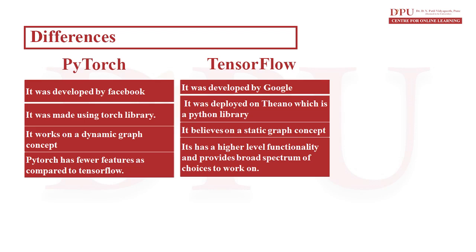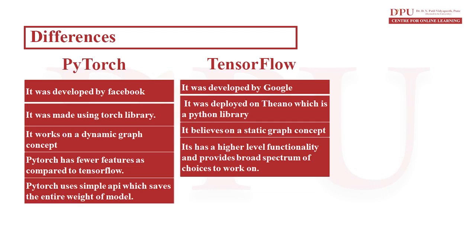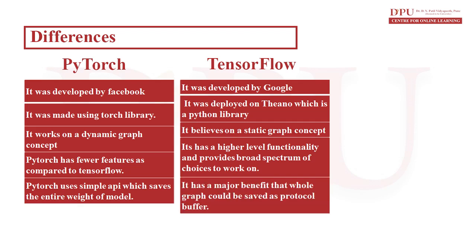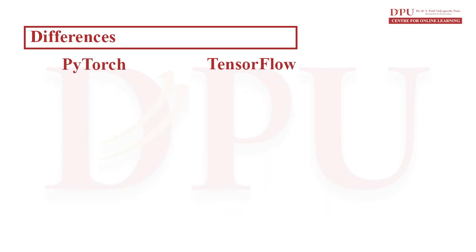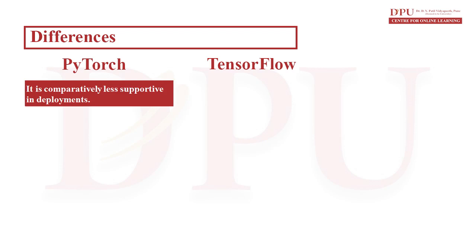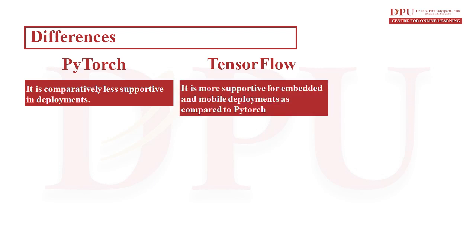PyTorch uses a simple application programming interface which saves the weights of the model. TensorFlow has a major benefit that the whole graph can be saved as a protocol buffer. PyTorch is comparatively less supportive in deployment. TensorFlow is more supportive for embedded and mobile deployment as compared to PyTorch.